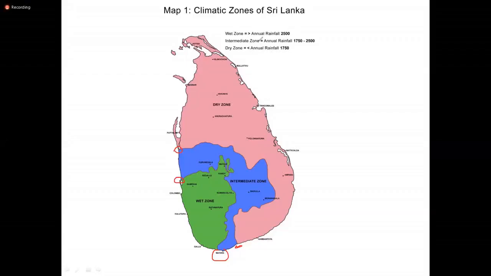And the intermediate zone is 1,750 to 2,000 millimeter. Understand, right?